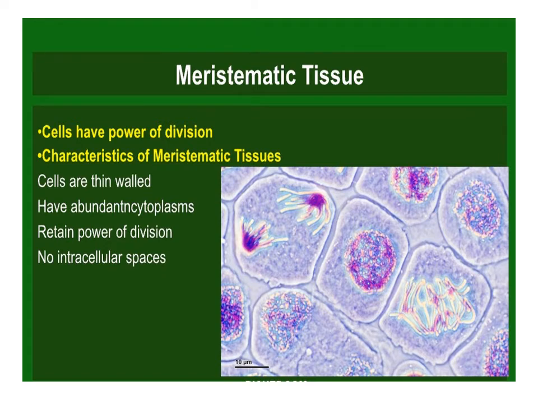Meristematic tissues. Growth in plants is largely restricted to specialized regions of active cell division called meristems. Cells are thin-walled, have abundant cytoplasm, retain the power of division, and no intercellular space is present.